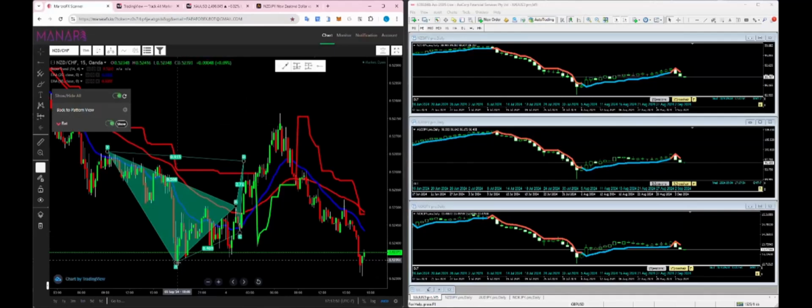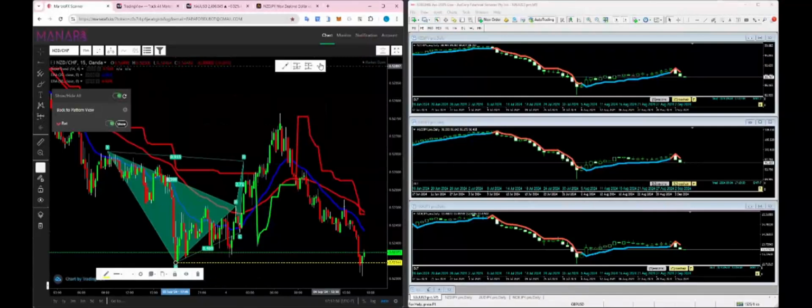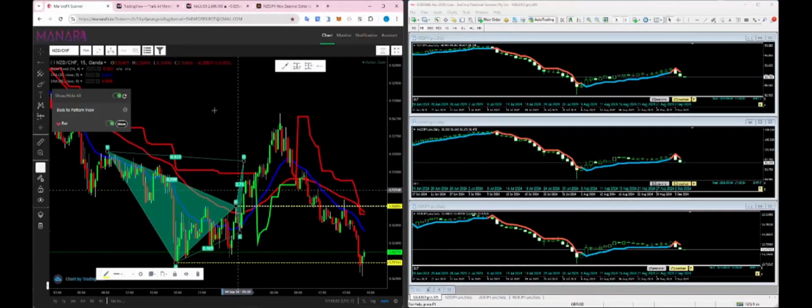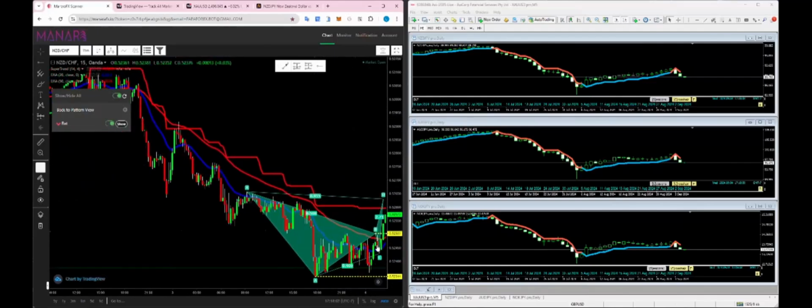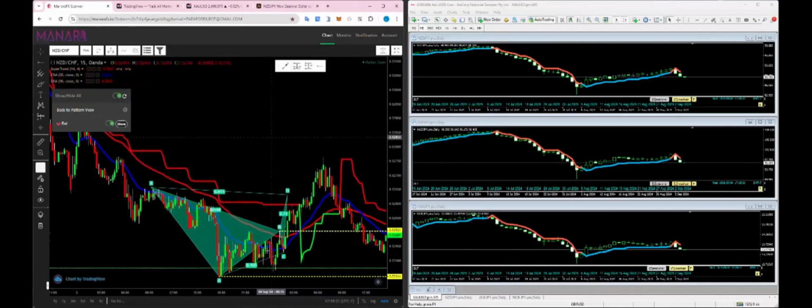We have point A and point B, which is good that they're both below the super trend at this time. To go down, it's the red super trend, and then we have the blue line below the red line. That's all good.